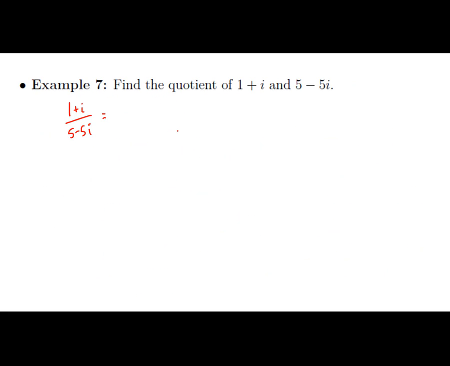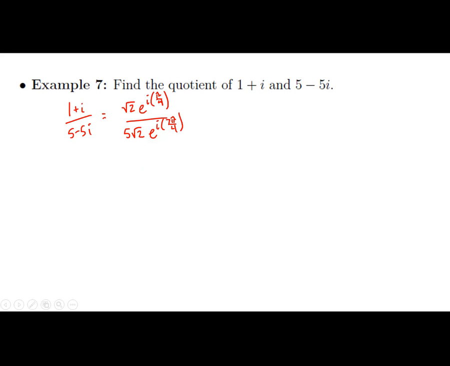In the numerator here, I have the square root of 2 e to the I times pi over 4. And then in the denominator, 5 root 2 e to the I times 7 pi over 4.